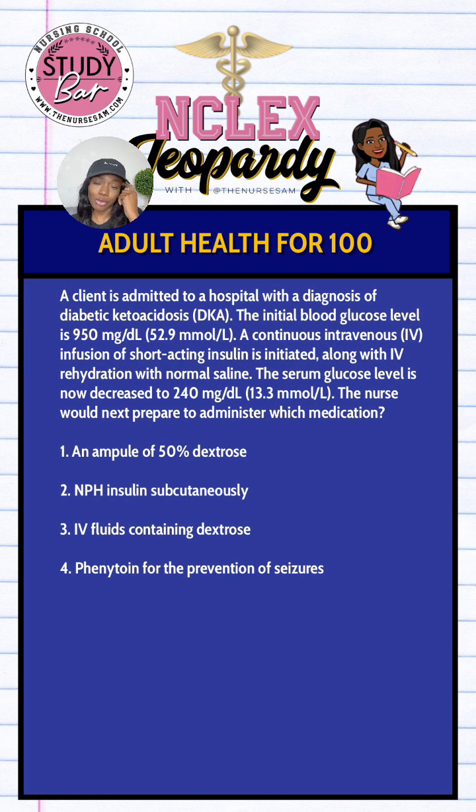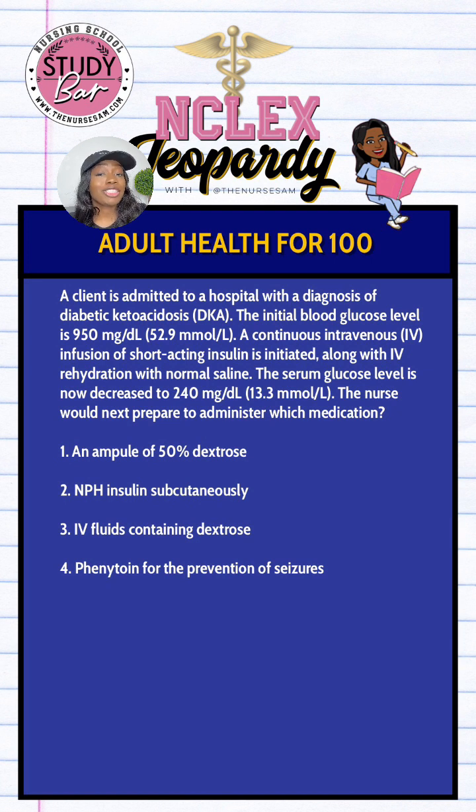I saw someone asking about fluids, so perfect. This says a client is admitted to a hospital with a diagnosis of DKA or diabetic ketoacidosis. The initial blood glucose level is 950. A continuous intravenous infusion of short-acting insulin is initiated, along with rehydration with normal saline. Normal saline is usually 0.9% sodium chloride, okay?